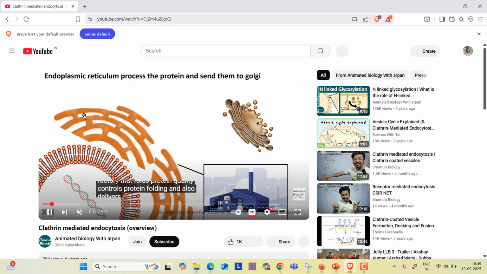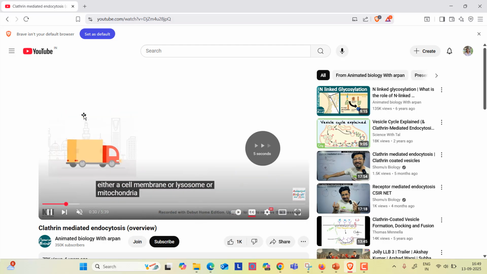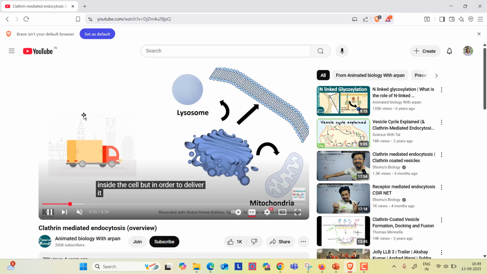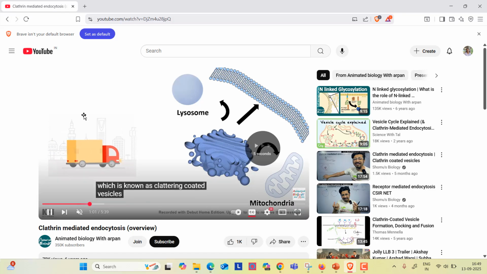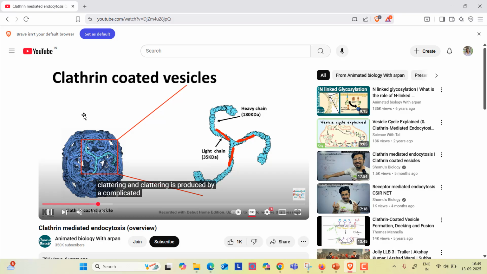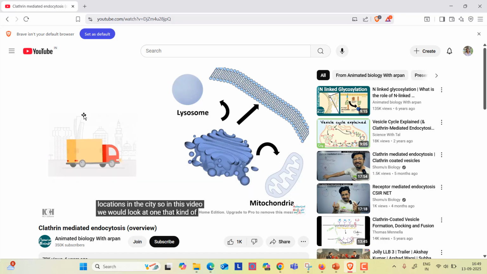Right? So it is saying that some specific organelles inside the cell need specialized vesicles, which are just like the trucks which leave the warehouse to deliver parcels to specific locations in the city. So these are clathrin-coated vesicles.